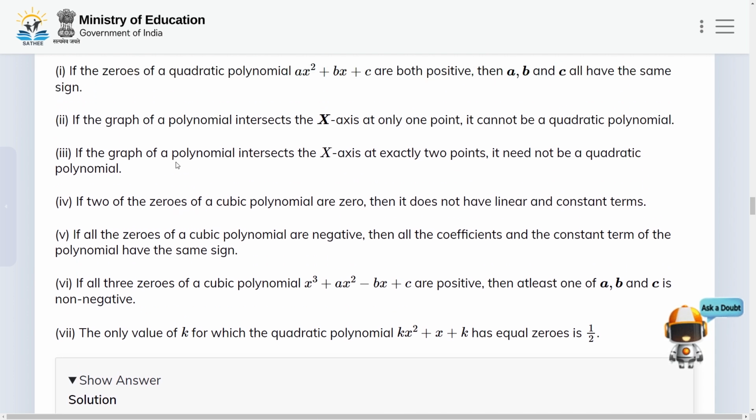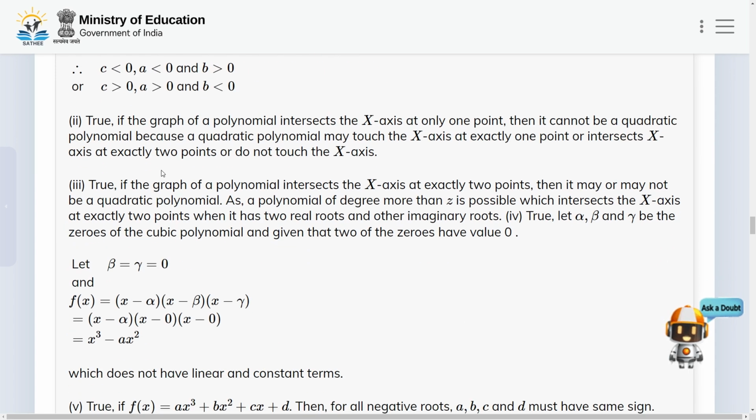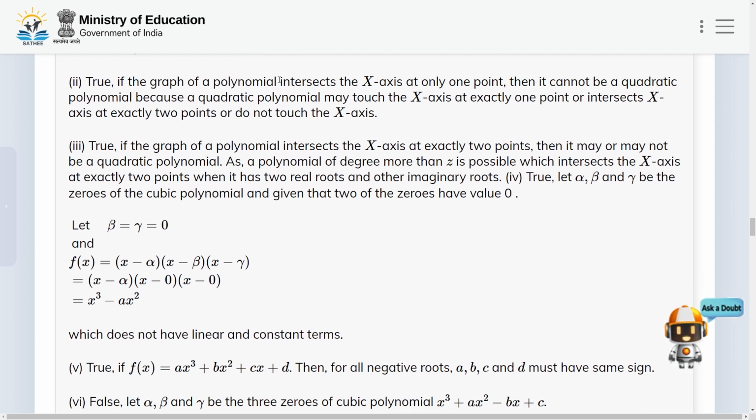So next in 3 we have: if the graph of a polynomial intersects the x-axis at exactly 2 points, then it need not be a quadratic polynomial. Let us see the third one. If the graph of a polynomial intersects the x-axis at only one point, then it cannot be a quadratic polynomial, that we have seen.